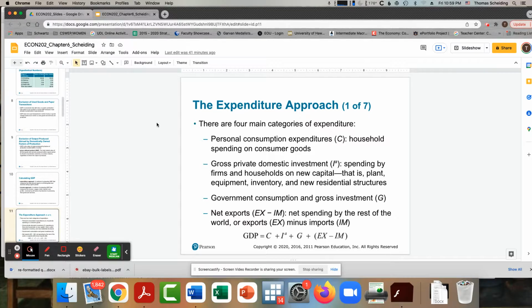Then you've got government spending. So that government spending, if they build a new bridge, they build a new library, that kind of stuff. And then you have net exports, which is just exports minus imports.